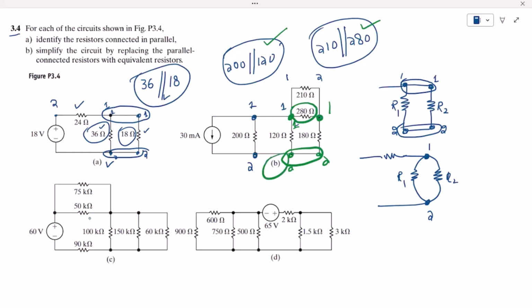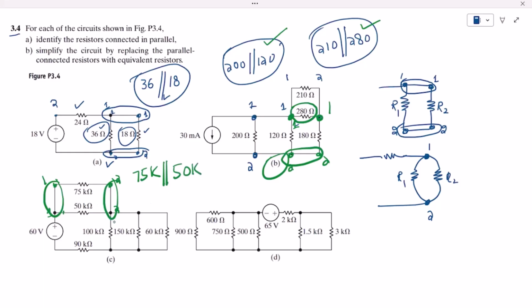In part C, let us again start it from this end. This is the resistor, this is the first end of this resistor, this is the second one, this here again, this is the first end, this is the second end, this is shorted, this is shorted, these are directly connected with each other. So therefore 75 kilo and 50 kilo, these are in parallel with each other.